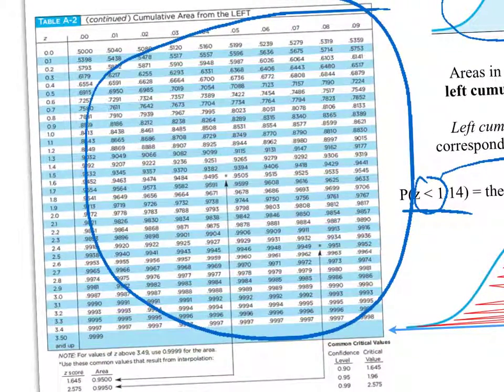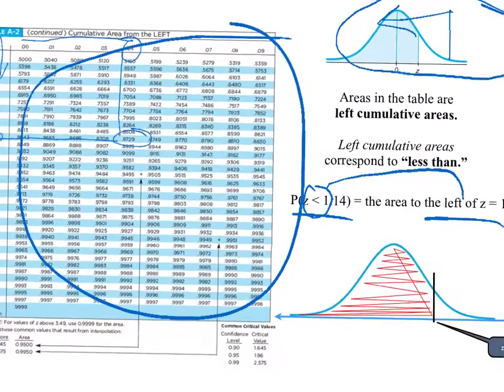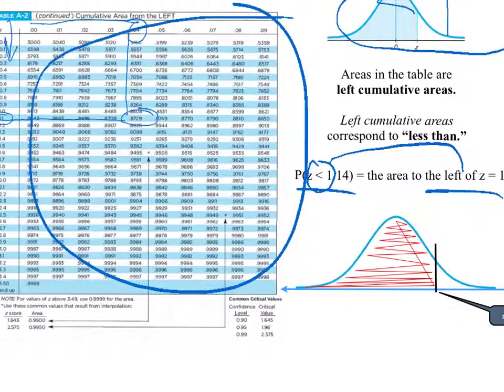So the way we do that is we first find 1.1, which is right here in the column here. And then in the row across the top, we find the 0.04. And then we find the intersection of that row and that column, at the number 0.8729. And so that means that the probability that z is less than 1.14 is 0.8729.